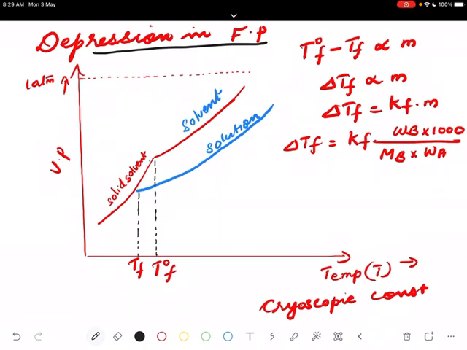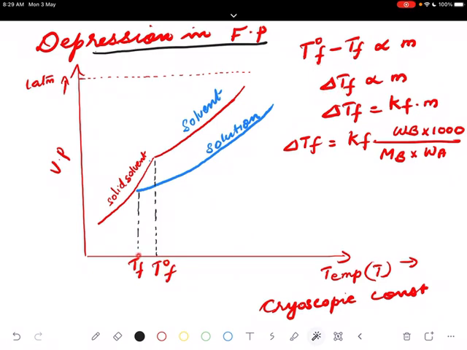Now, here again, we are using this equation to find out the molar mass. This delta T is in your hand because first you find out T naught F, then you add a certain amount of solute, this WB is in your hand. After making the solution, you find out TF. Then you take the difference, which is a positive quantity because higher minus lower.